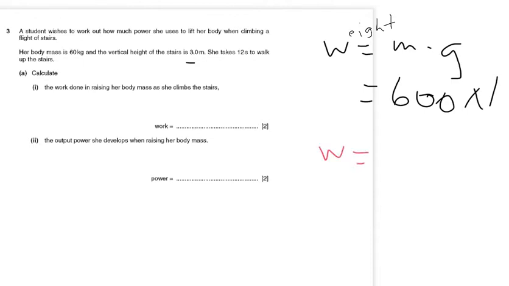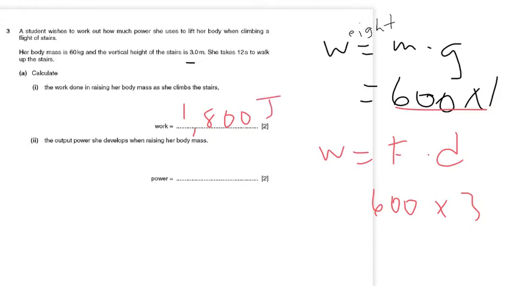Work is equal to force times distance. This weight is the force. The distance is 3 meters, so we've got 600 times 3, which is going to be 1,800 joules. That is the amount of work that is done.